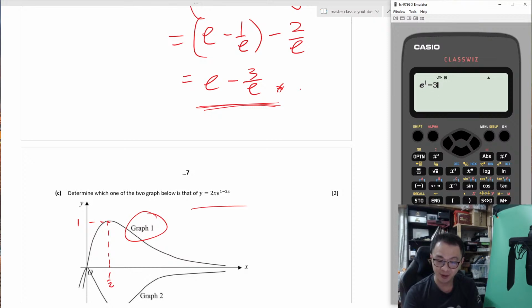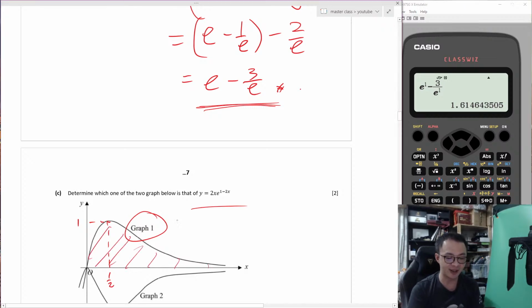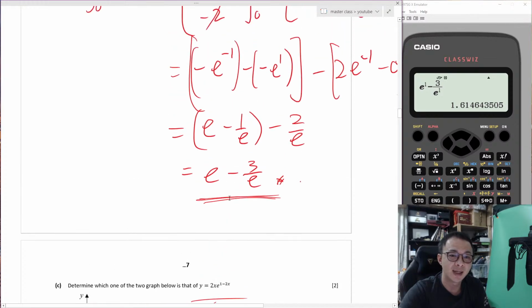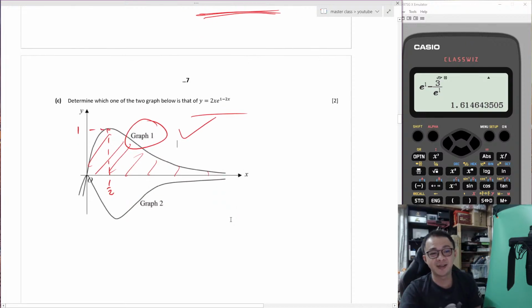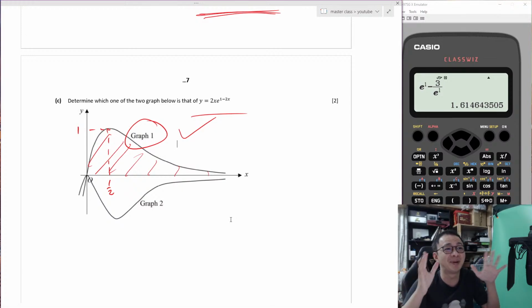Oh, sorry, I mean 3 over e. If you get a positive value, then the graph must be above the x-axis, then it's graph 1 also. The answer of part B is correct. Okay, cool then. Because you can say part B is positive, therefore it's graph 1. If part B is negative, because just now I didn't think about this, I will go find the maximum or stationary point. Yeah, I also will get graph 1.